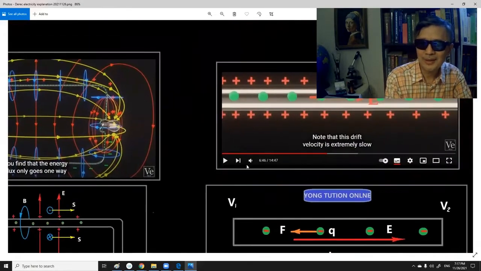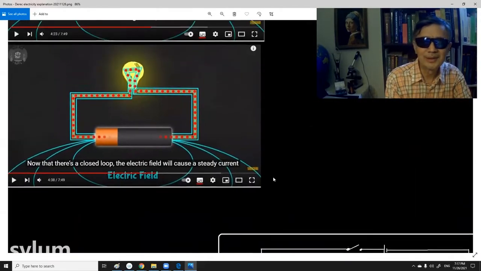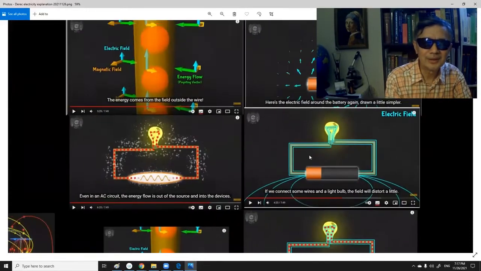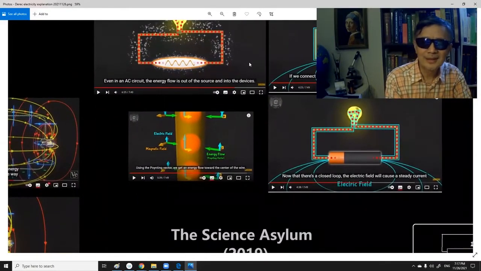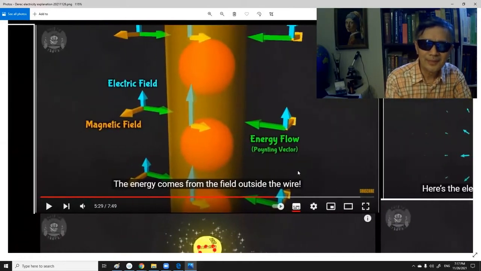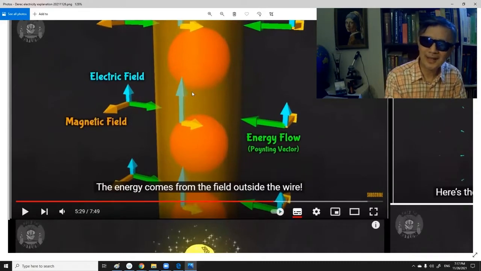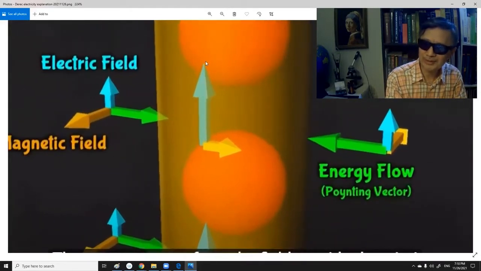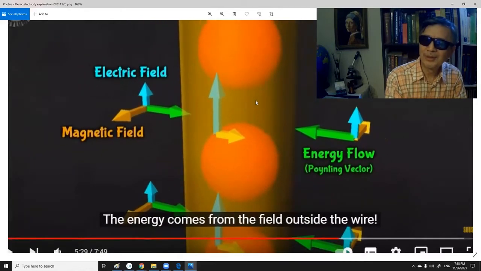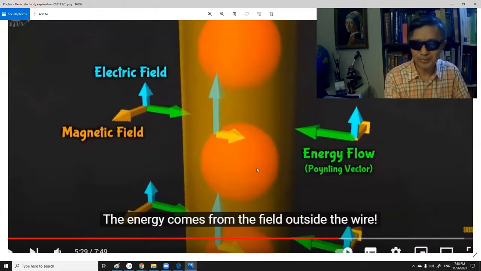By the way, these two YouTubers have different assumptions. If I go to this one, you can see in the Science Asylum's video, the situation is slightly different. In this case, they argue that there is a non-zero electric field upward, because electrons are moving backward, so this could be the positive charge.